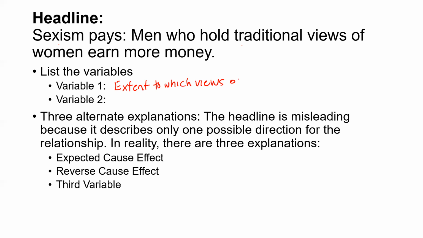So let's just put income for variable 2. That one's nice and easy. And for variable 1, let's indicate traditionality of views of women. I think we could just put sexism.